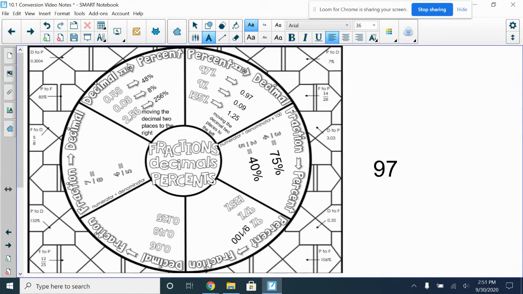Let's fix that first one. 9 over 100, we make it real small. I'm going to turn it, and then I'll put in our fraction line so that it's more obviously a fraction. All right, so we have 9 over 100.